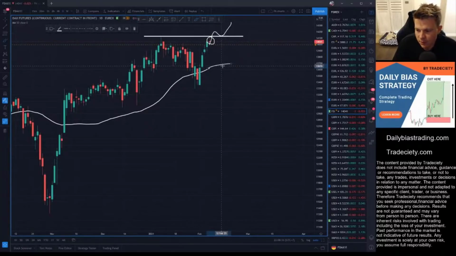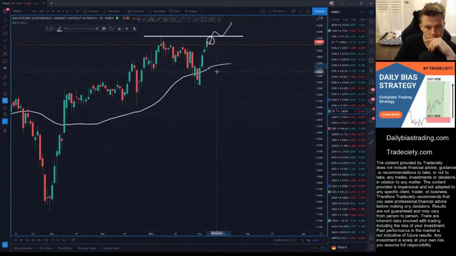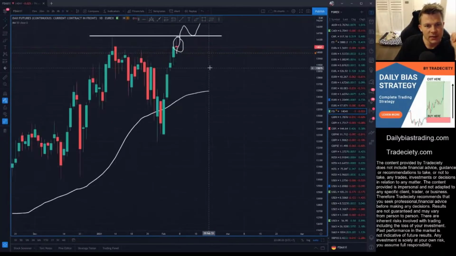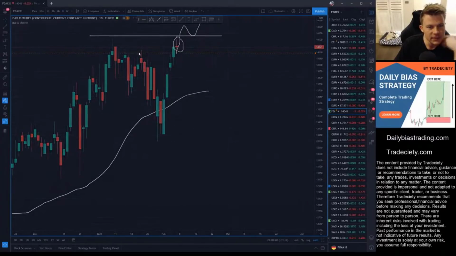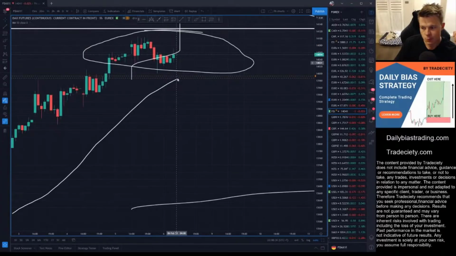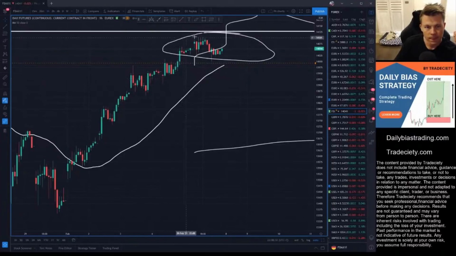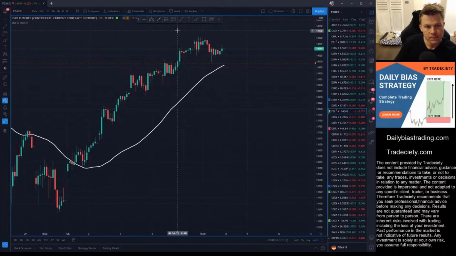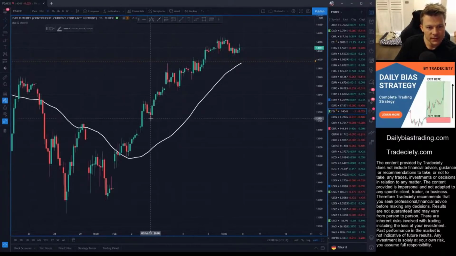That's usually where the market goes. Yeah, if the market can break out of the lower time frame pattern, here's a big level.